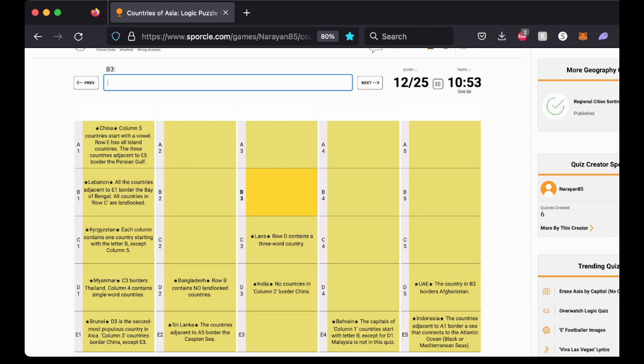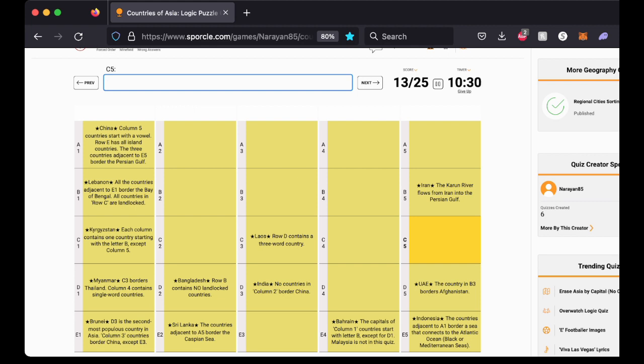If it borders the Caspian Sea, begins with a vowel, and is not landlocked, Iran fits all of those. So for B5, I'm going to say Iran.